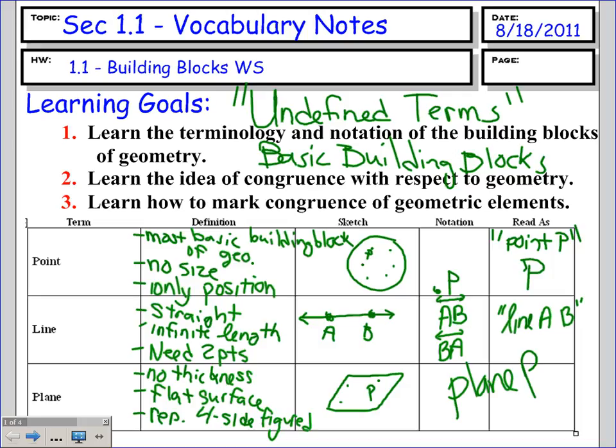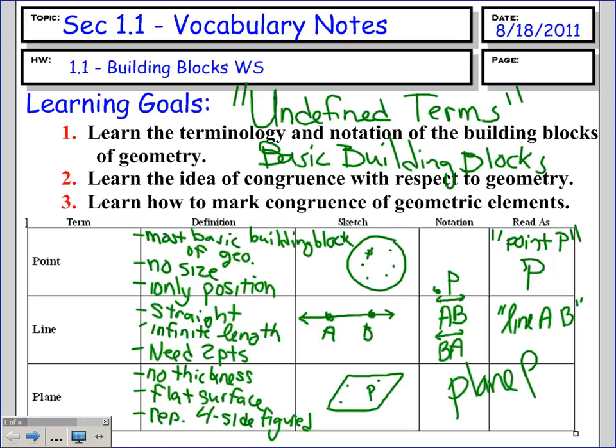Kind of. If you just said no size, does that mean point? Does only position mean a point? Does most basic building block of geometry specifically say point? These aren't really definitions. These are ways that we can describe them, but they're not definitions. These three don't really have definitions. That's why they're undefined terms.